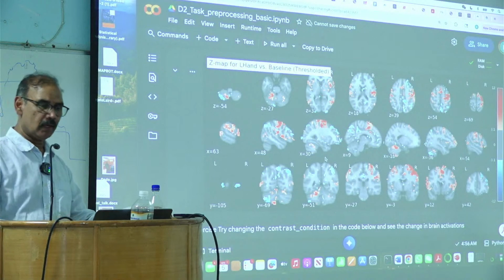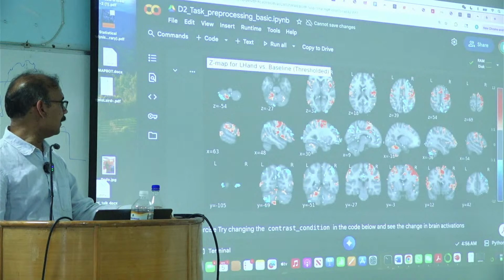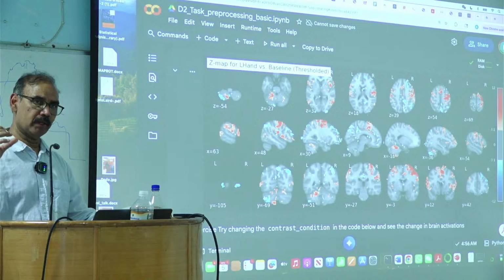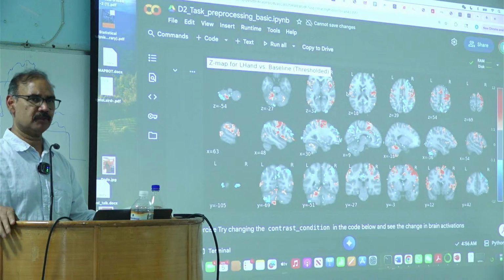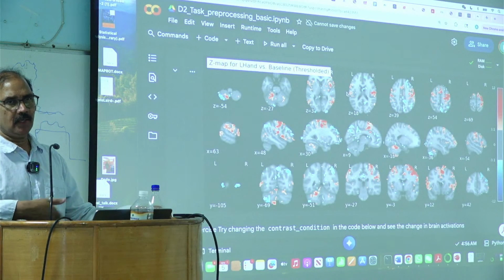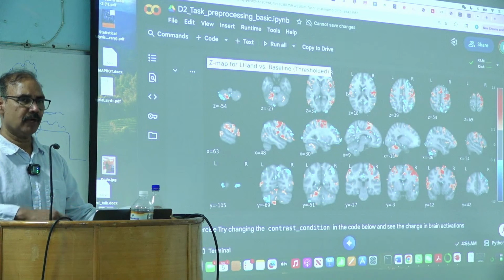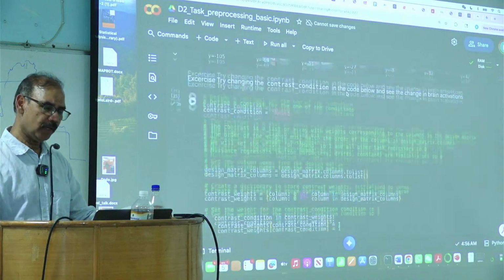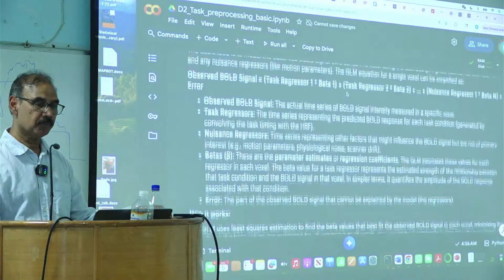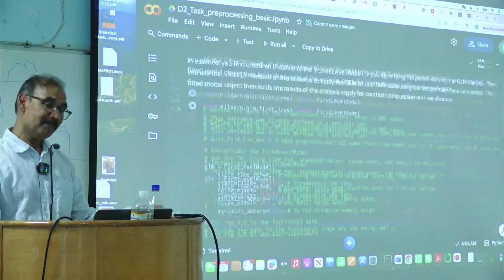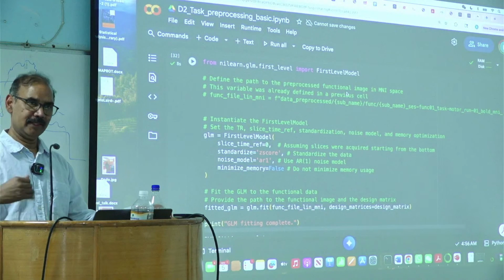If there are some voxels somewhere around here, it will make them into a big blob of one cluster, while some random voxels which passed the threshold would not pass the threshold. So that would be another way to find clusters. Okay, and this is without any statistics, so we are going to cover that later.